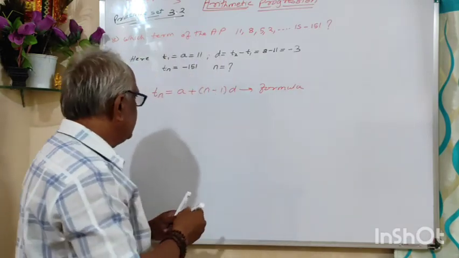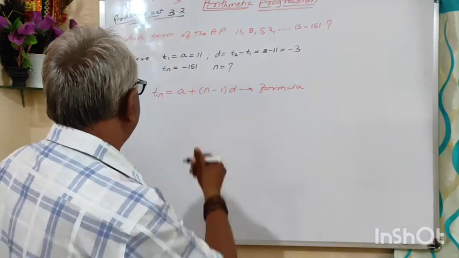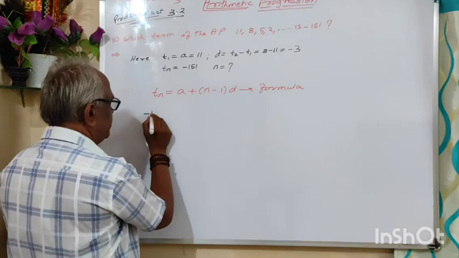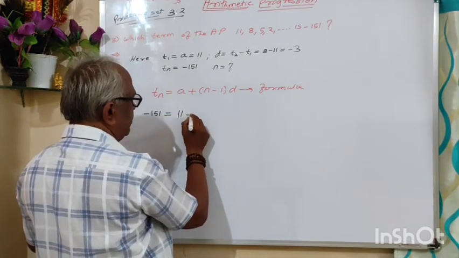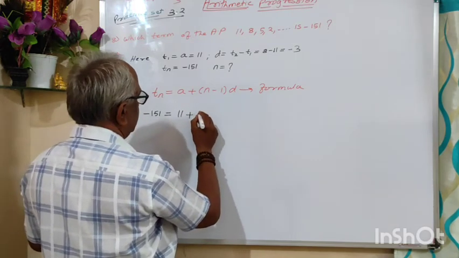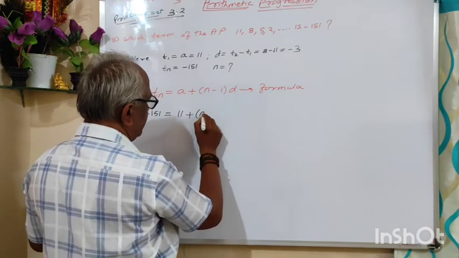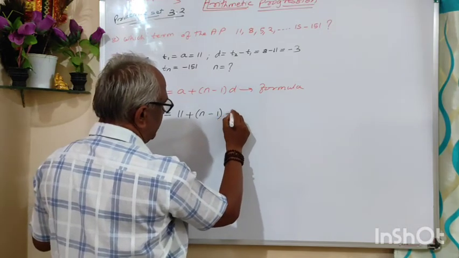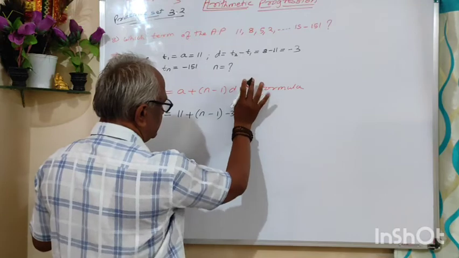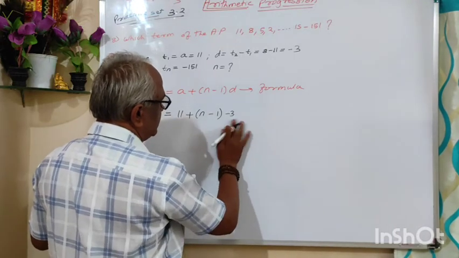In this formula, the Tn value is given, so keep that value, that is minus 151 is equal to A, that is 11, plus n, which we are going to find, minus 1 as it is, and D, the common difference, is minus 3.